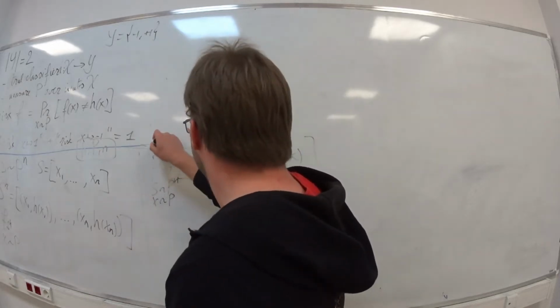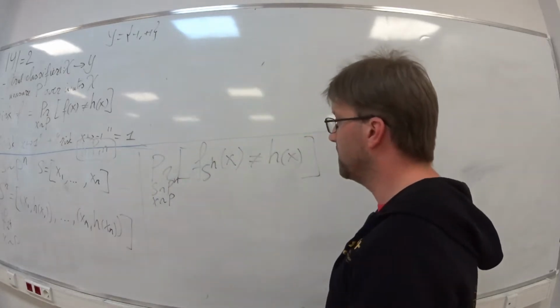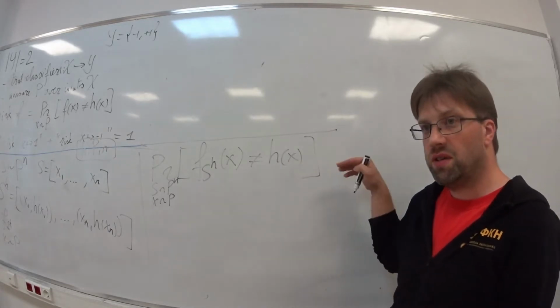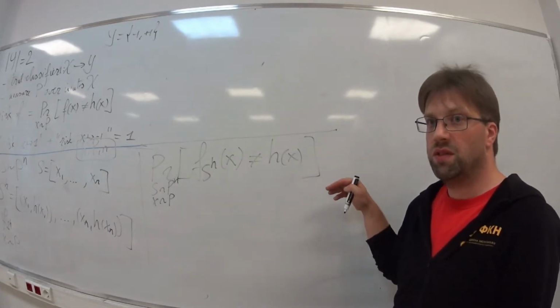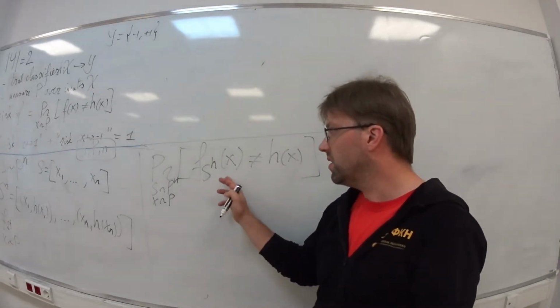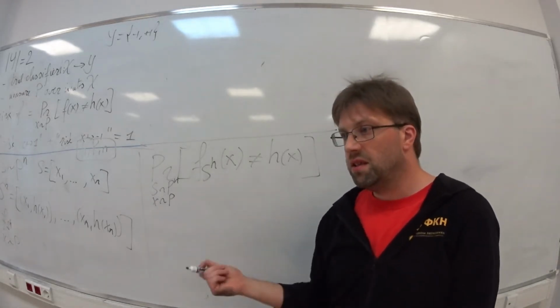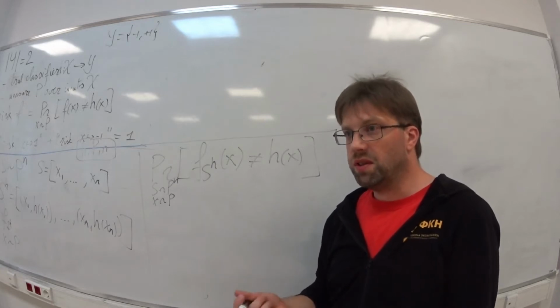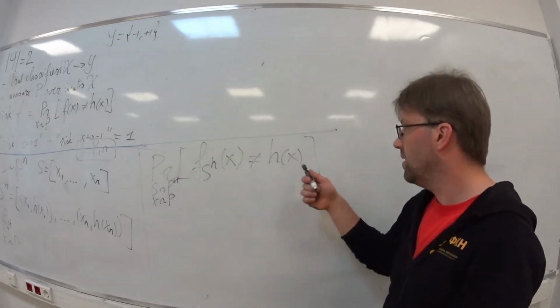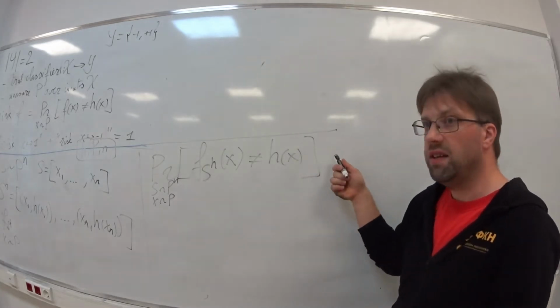Now let us make some observations. Performance is only interesting when it's smaller than 1/2. For the same reason, we can take the learner that just picks one of the two constant functions with probability 1/2 each, and this probability will be exactly equal to 1/2.